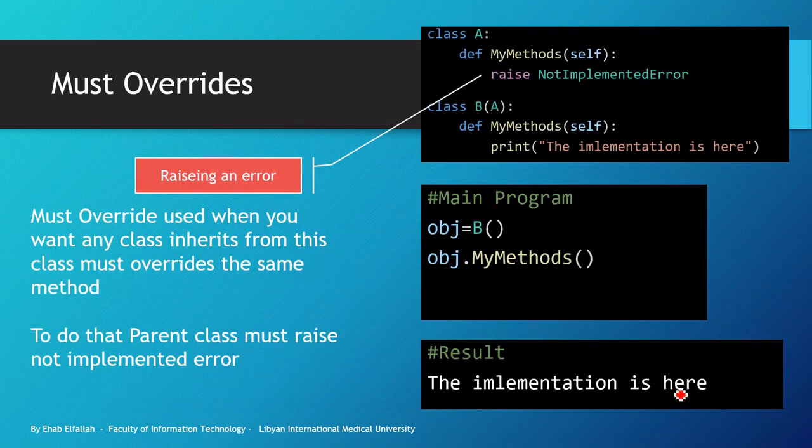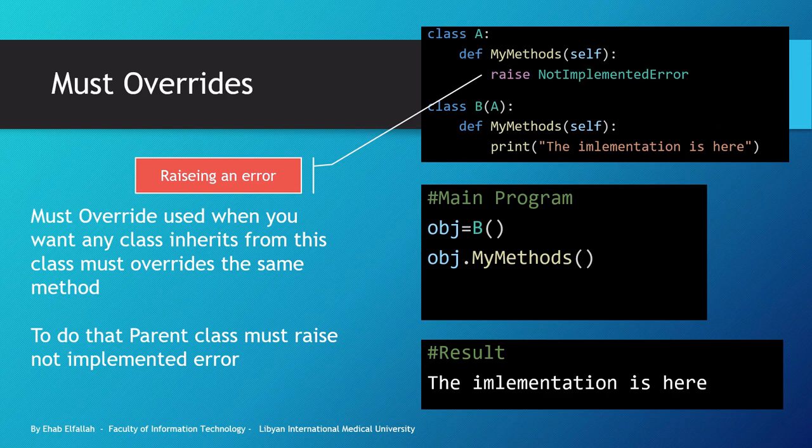Also, inside overriding we have must override, which means the parent class can force the child class, or any class that wants to inherit from it, to implement a method. To do that, usually in the method that the parent class wants the other classes to implement, we raise an error called NotImplementedError. This is in Python.